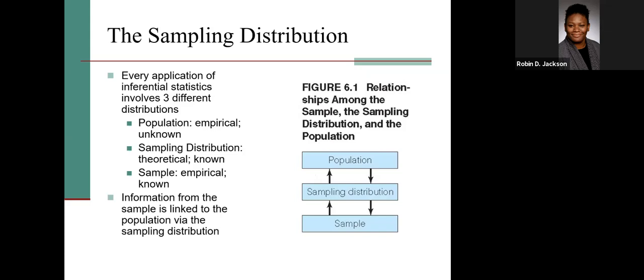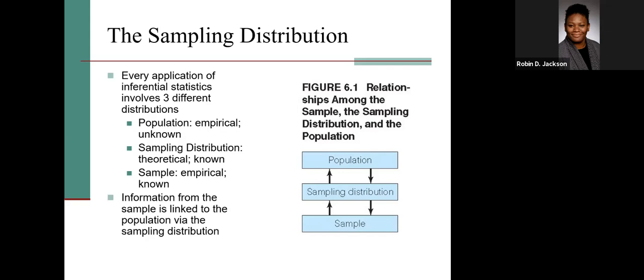Those are the three distributions that we have. If you want to take a look at it in more detail, that's where you'll find it. You'll also find the discussion and description of sampling distribution within the text itself. So go ahead and make sure you read that expanded section that describes each one of those different distributions.